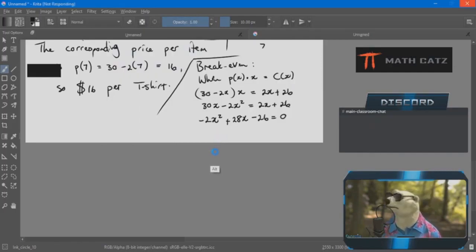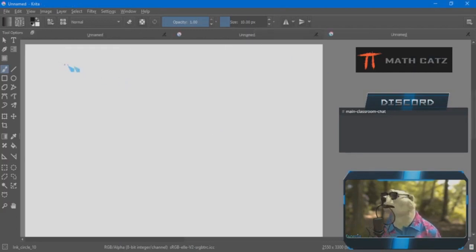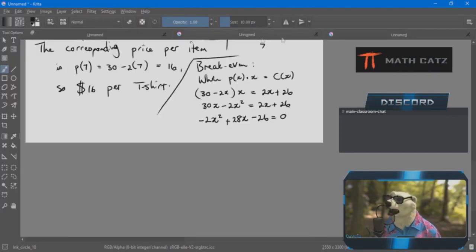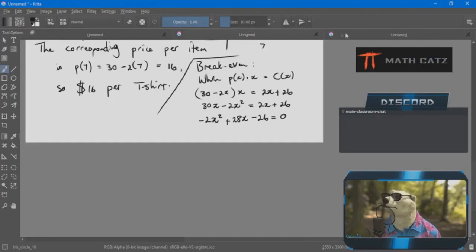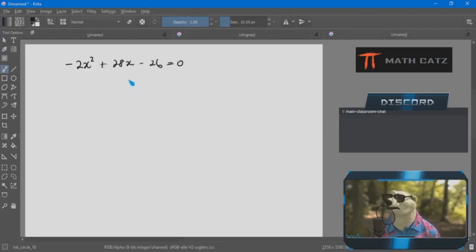Whew, my computer is not happy today. Now I don't remember my function. Negative 2x squared plus 28x minus 26. I do remember some of it. Double check. Good. Hopefully that's right. No one is saying that they disagree, so that means they agree.